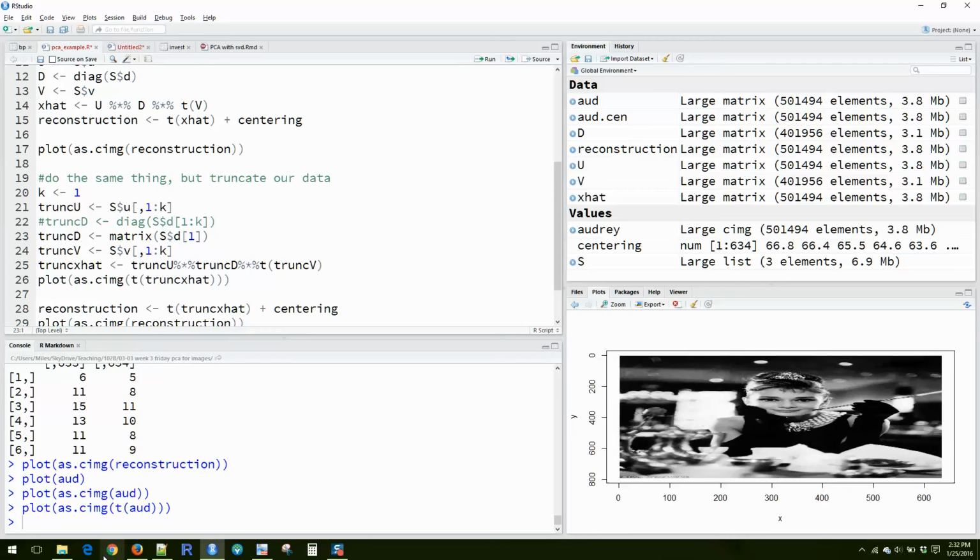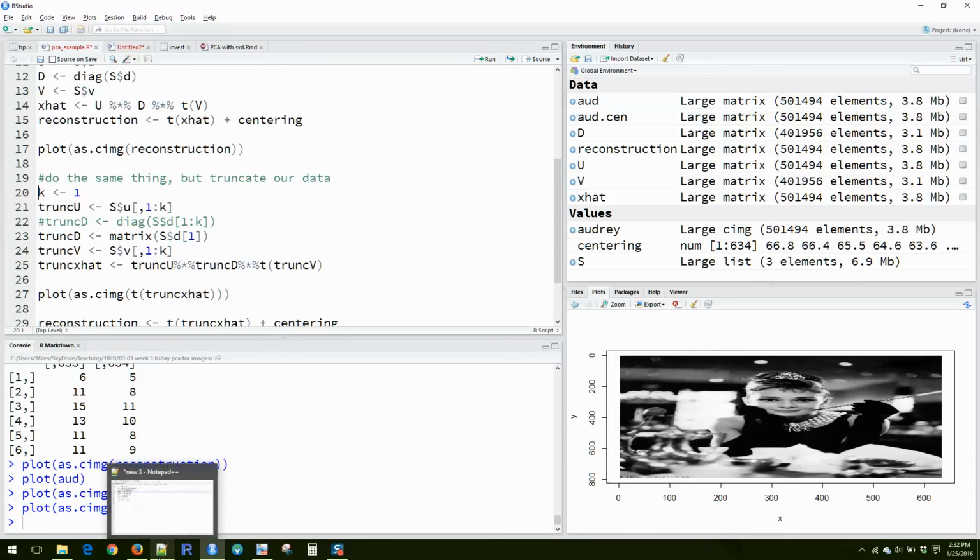And we produce this. This will not look like Audrey, okay? Because we've basically reduced this giant 634 by 791 matrix into just a single column of values and a single row of values, okay? So we're losing a lot of information, okay?